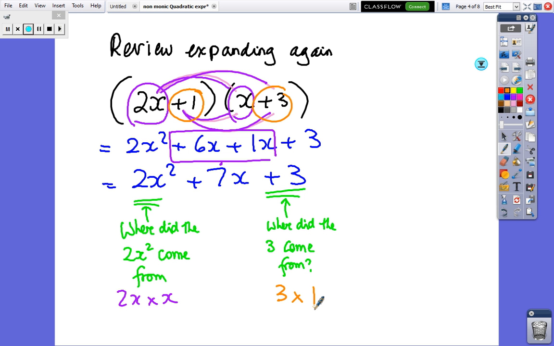So the numbers in the answer for the first and for the last come from the numbers that are in the bracket. So there's a 2x, and there's an x in each bracket, and there's a 3 and a 1. So this idea about cross multiplying is that the 2x doesn't necessarily go with the 3. It might be with the 1, so we have to trial and error. So just write that down and then come to the next slide.